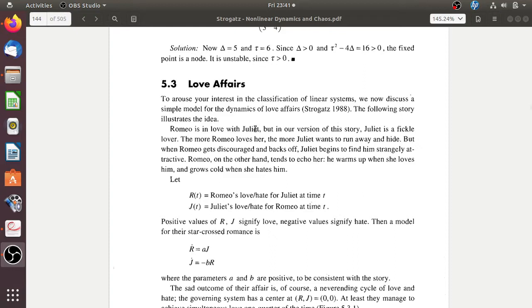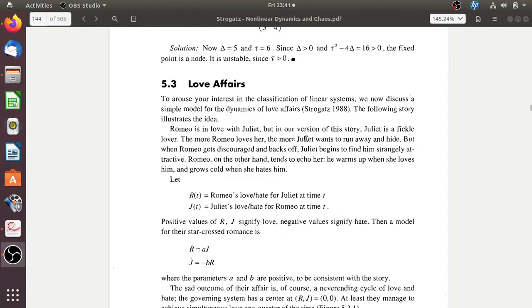Whenever Romeo loves her, Juliet feels, I want to move away from him, run away from him. She will start hating him, or her love is getting diminished. That's her character.